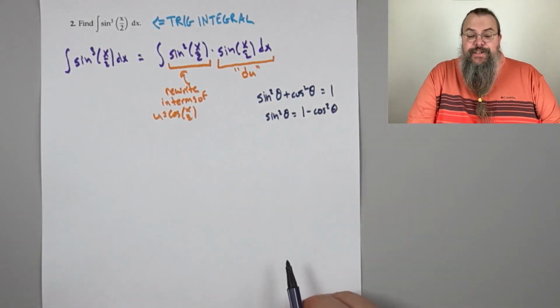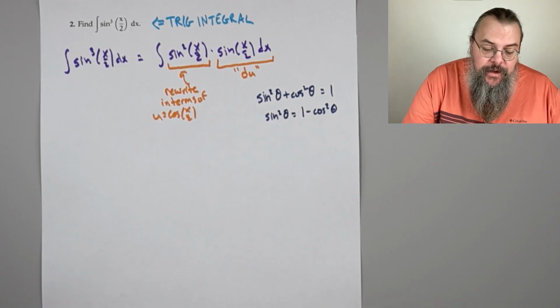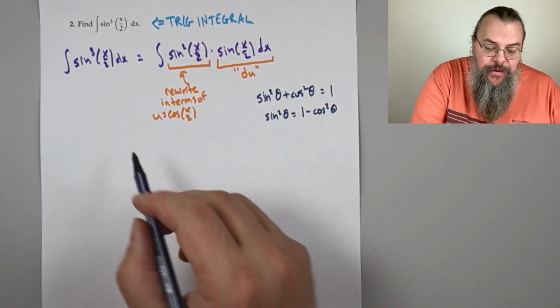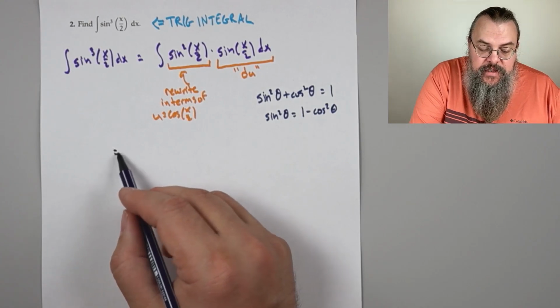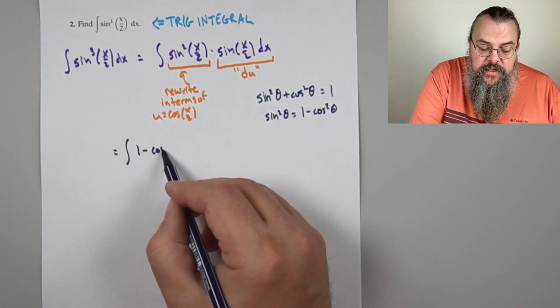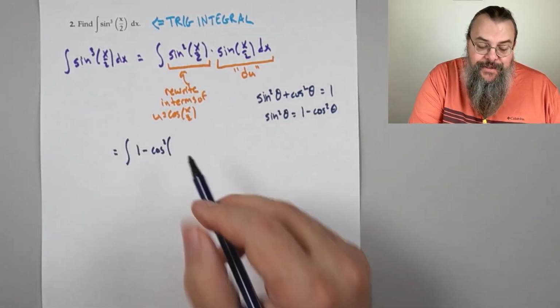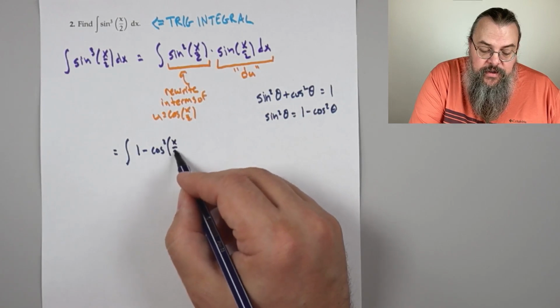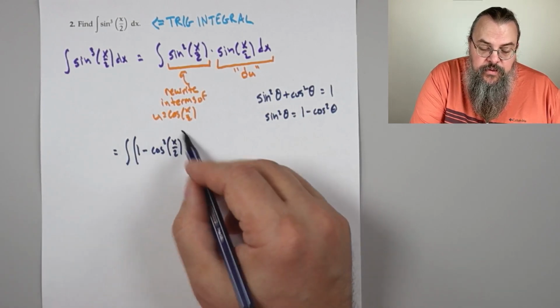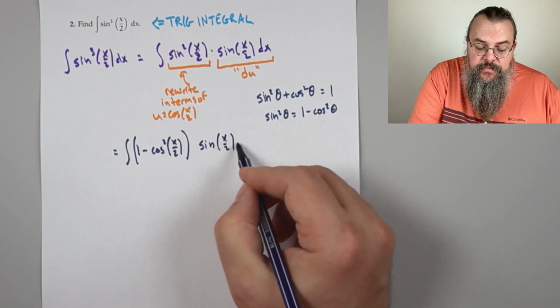Brilliant! All right. So updating, this becomes the integral of 1 minus cosine squared of, now here, theta is x over 2, x over 2.